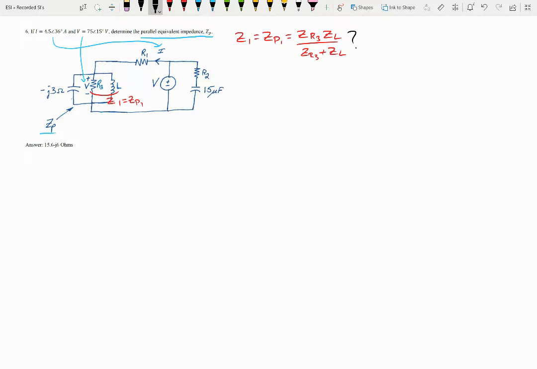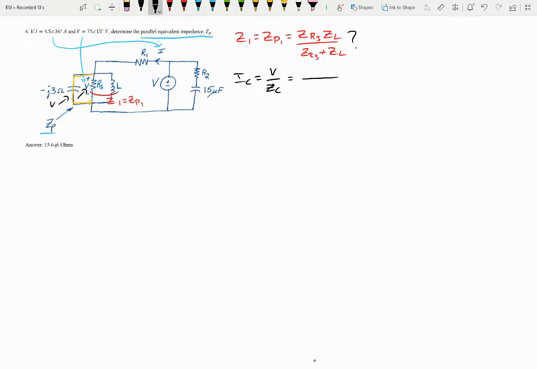Since we know this voltage here, we know it's also that voltage there across the capacitor. So we can find the current running through this capacitor. So let's do that. So I of C is going to equal V divided by negative j3, which is ZC.